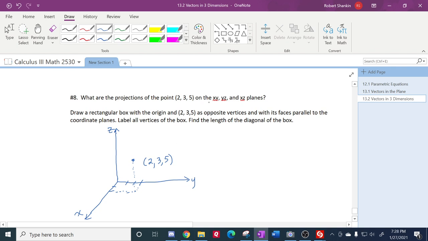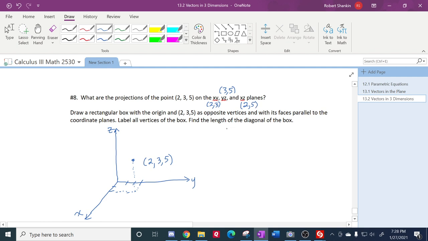So on the XY plane, he said it's 2, 3. Then on the YZ it's 3, 5. And then the XZ is 2, 5. Hisu has put zeros in place of where one of the variables is missing.